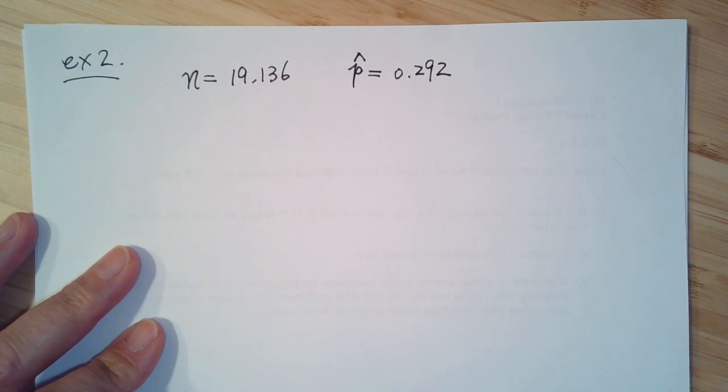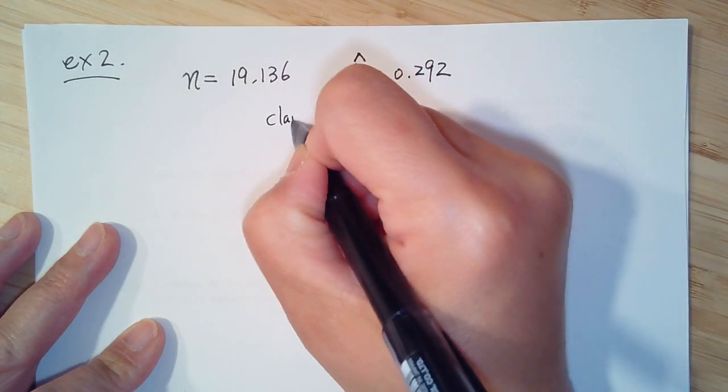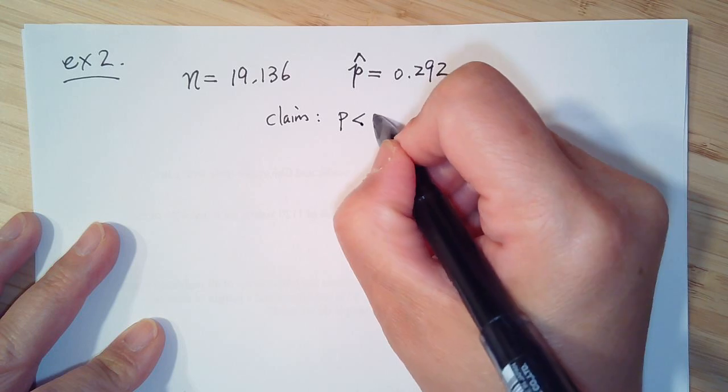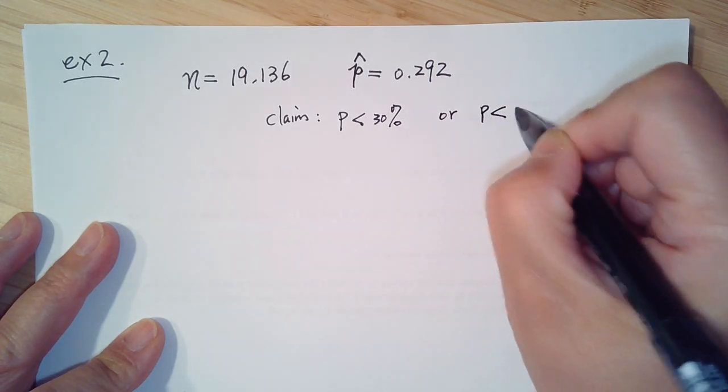Now, would a reporter be justified in stating that fewer than 30% of adults have sleepwalked? So the claim is p is less than 30%, or p is less than 0.3, right?